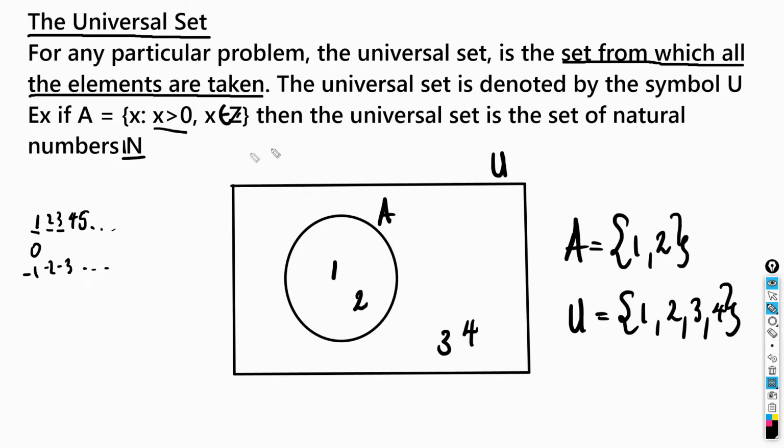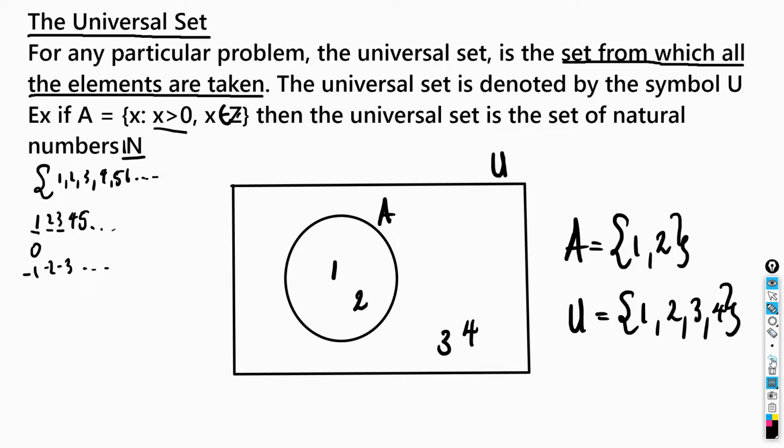That means the universal set is just the set of natural numbers, which is the counting numbers 1, 2, 3, 4, 5, 6, and so on. So the universal set for this example is the natural number set, because the numbers are greater than 0 and they have to be integers, which is 1, 2, 3, 4, 5, 6, the normal set of counting numbers.